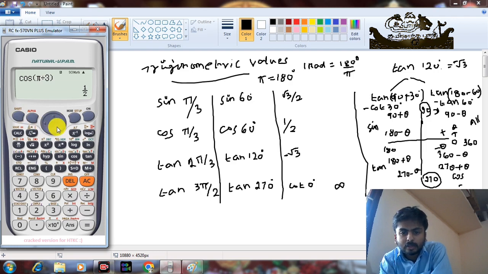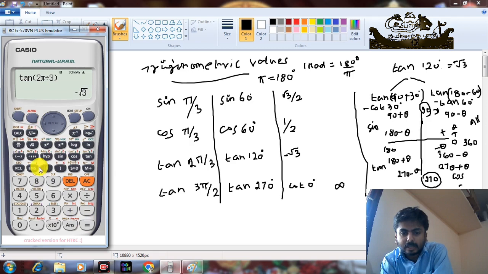Now tan. For tan we are having tan 2 pi by 3, so 2 shift pi divided by 3 is minus root 3.